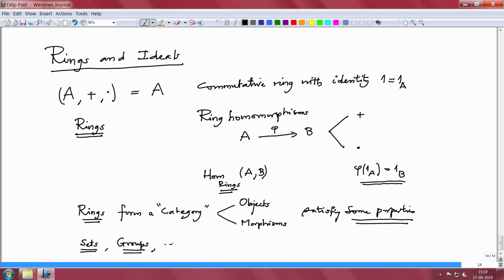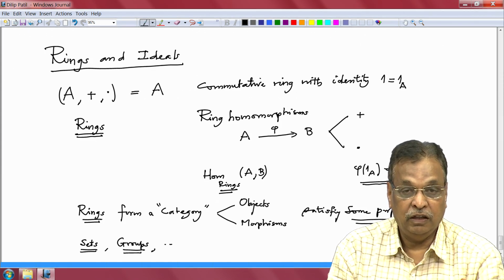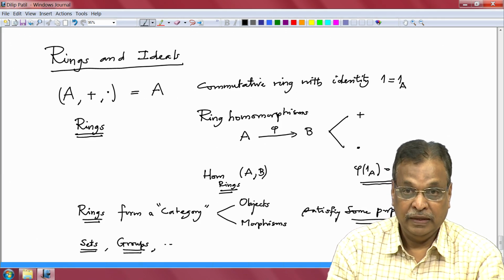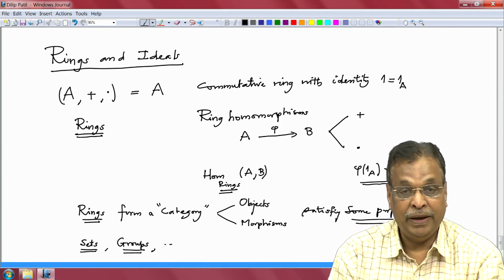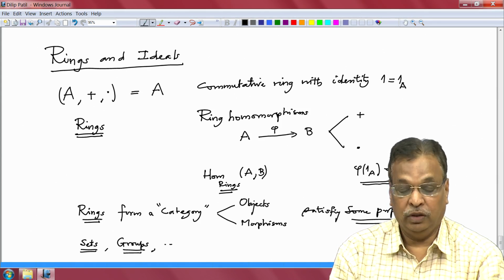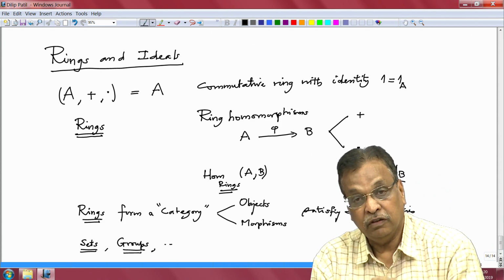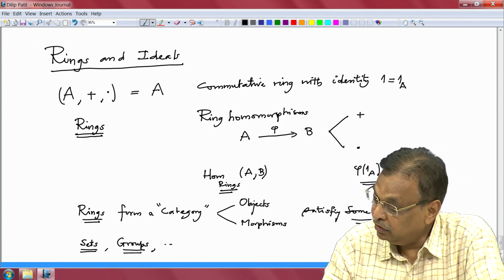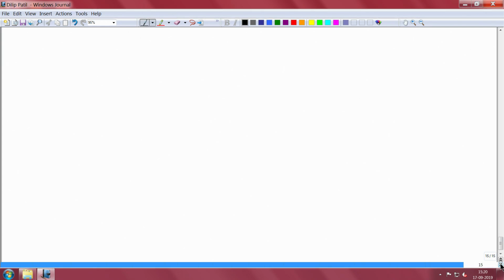So, category means two things: the data given is that there are objects and there are morphisms, and these should satisfy some properties, for example composition, identity map and so on. More and more when I need it, I will keep recalling it, so that this definition will become more precise. Right now we only deal with examples.